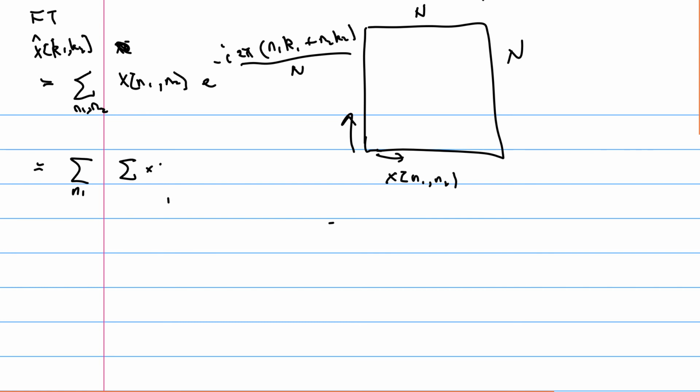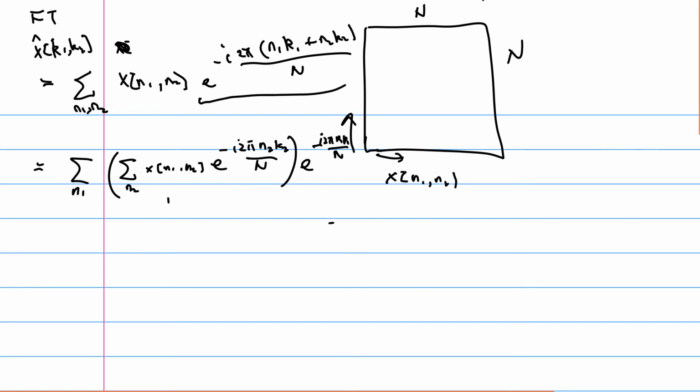Sum over x m1 and n2, exponential i 2 pi n2 k2 over n, this sum over n2, but then I multiply by i 2 pi m1 k1 over n again. So first thing I want you to observe is that you can think of this as a filter, like what we did before, and this filter is actually separable.